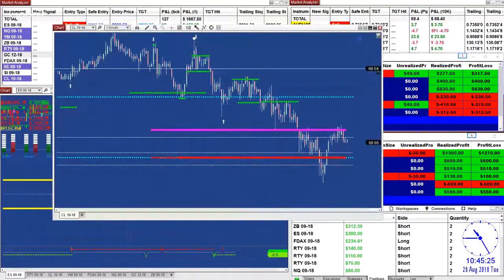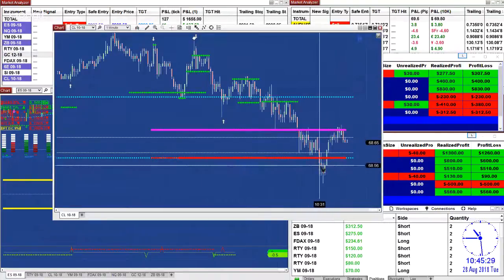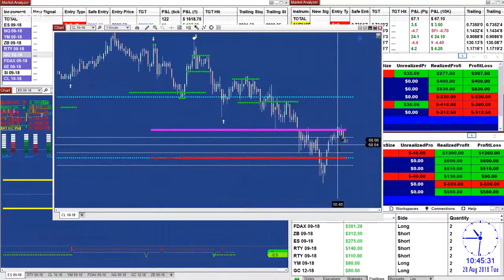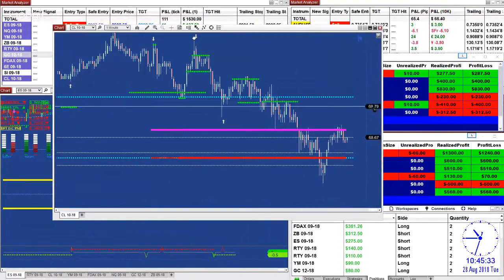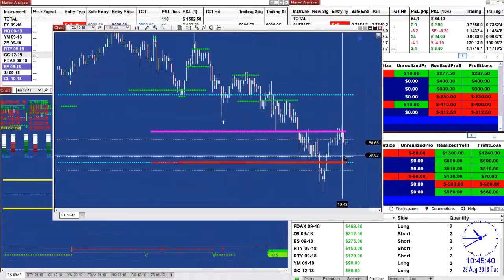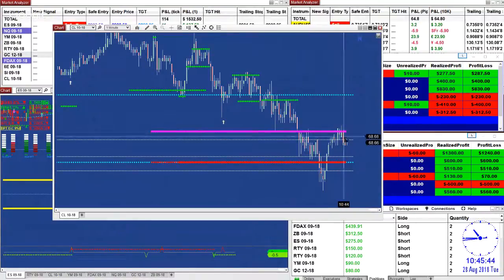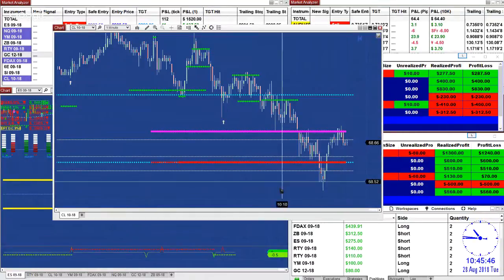The story on the CL, we have a resistance. Yes, we had a breakout, pullback, re-entry, pullback. But right now on the CL, we are stuck between those two numbers, the 68.67 and the 68.62. So there are 7-8 ticks in between. It's not even worth taking.